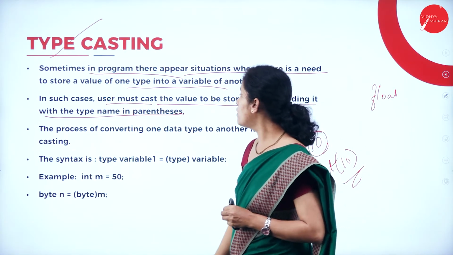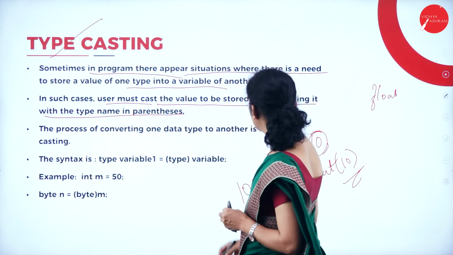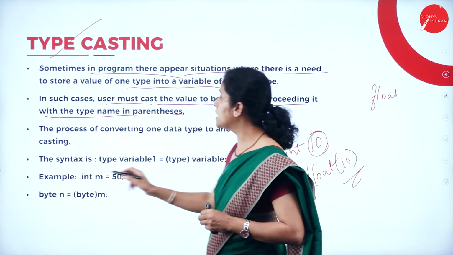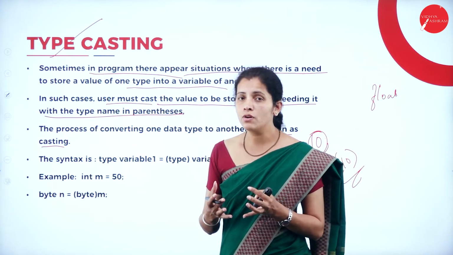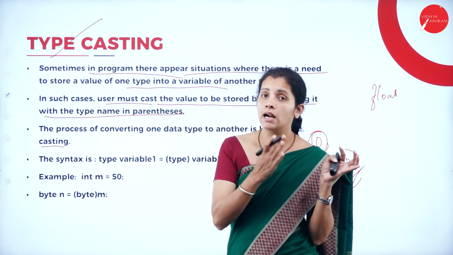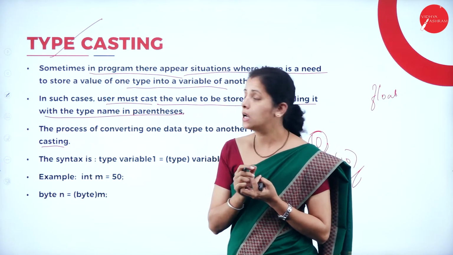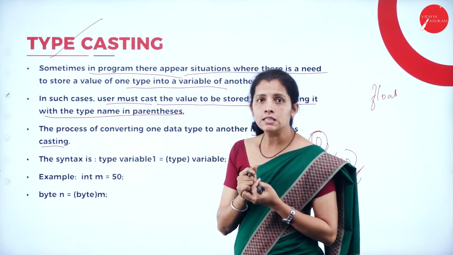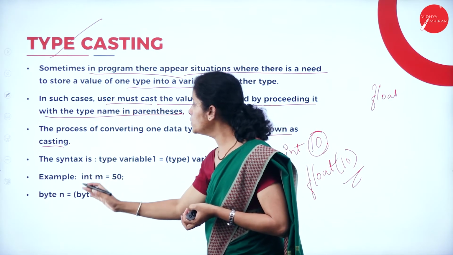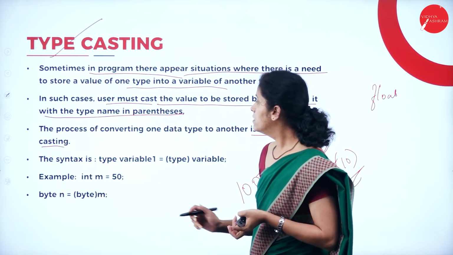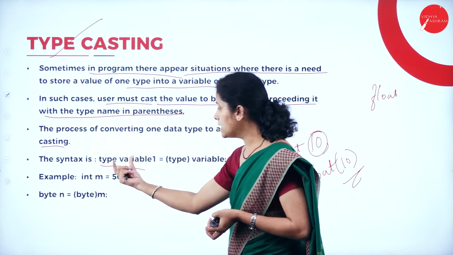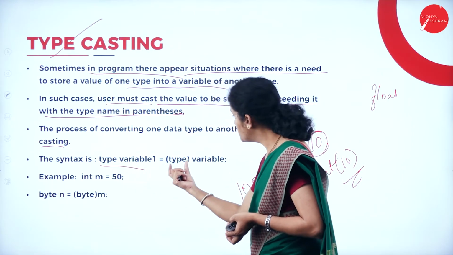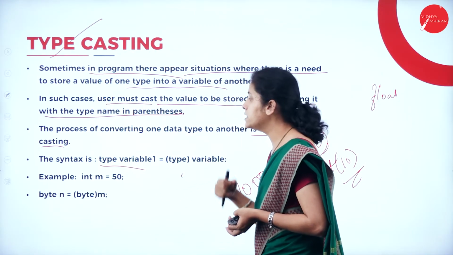The process of converting one data type to another data type is known as casting. Before the example, I'm going to have the syntax: specify the type, then specify the variable name.